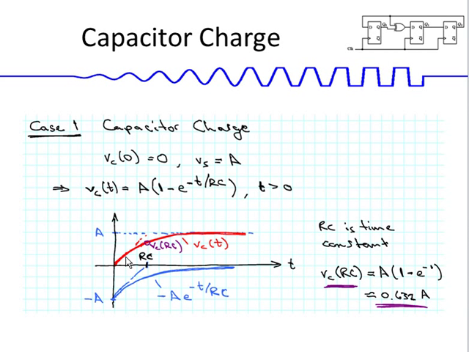The beginning of that charge curve follows that straight line, and then it kind of levels off. At time RC, we get 1 minus e to the minus 1, which is approximately 0.632. So we're roughly 2/3 up after one time constant on this charge curve.